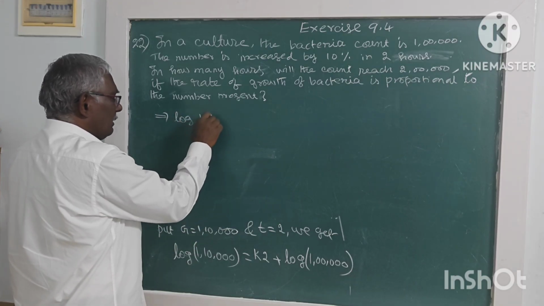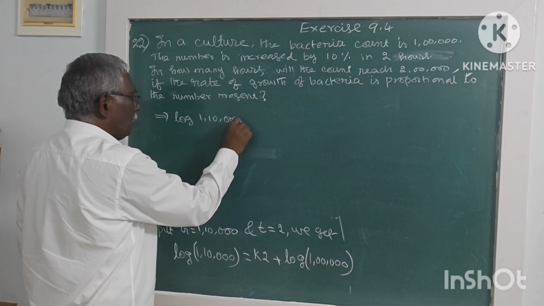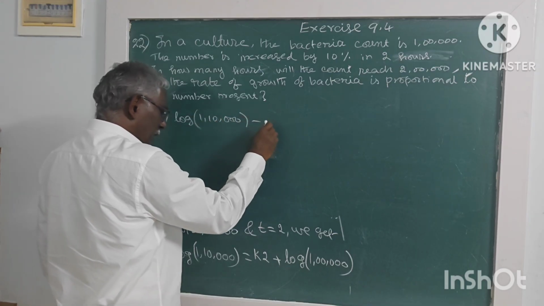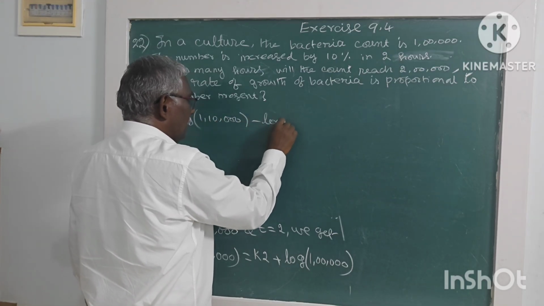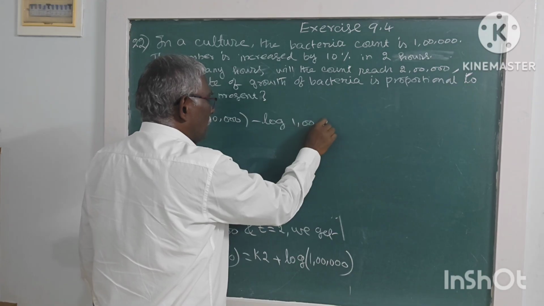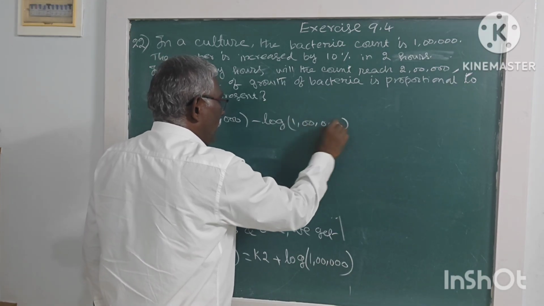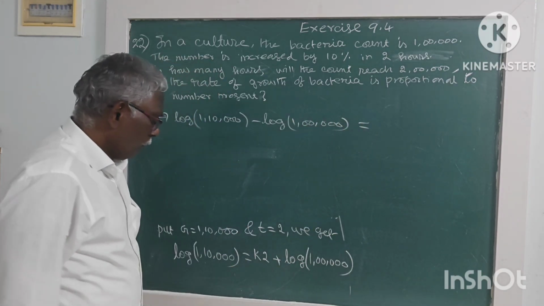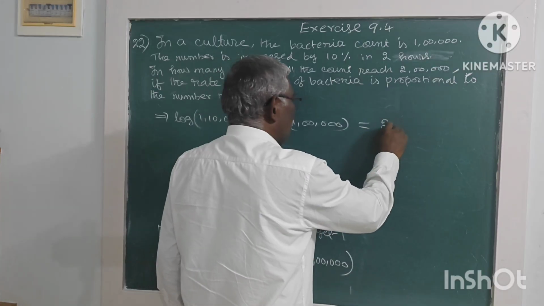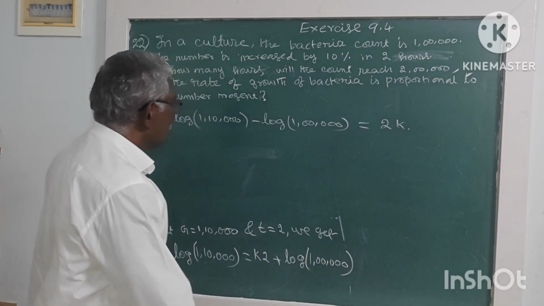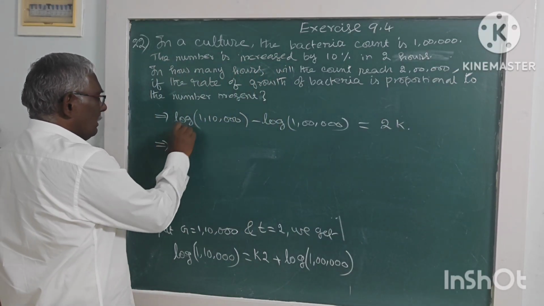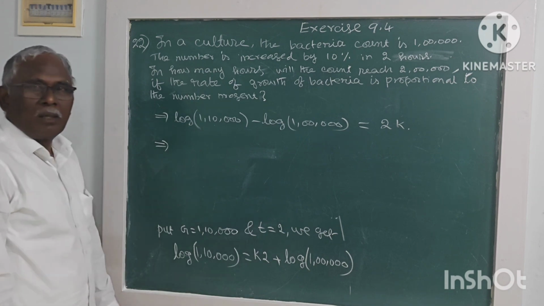Log of 1,10,000 minus log of 1 lakh is equal to 2k. So log m minus log n is log m by n.